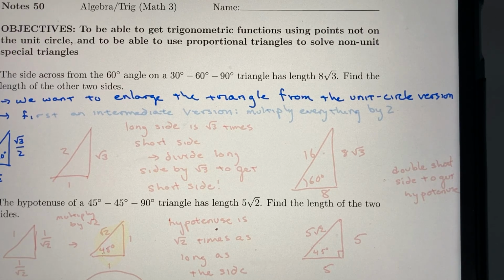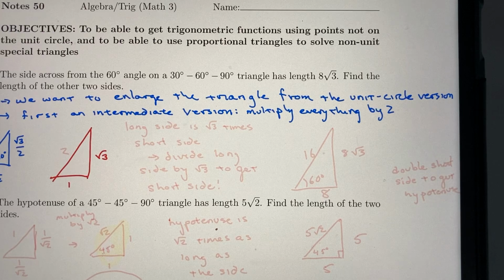First, just multiply everything by 2 to get rid of the fractions. Okay, so if I look at that, the version that I have then is 1, √3, and 2.